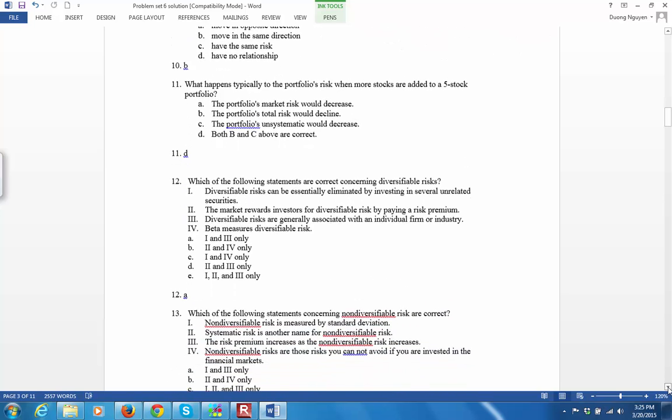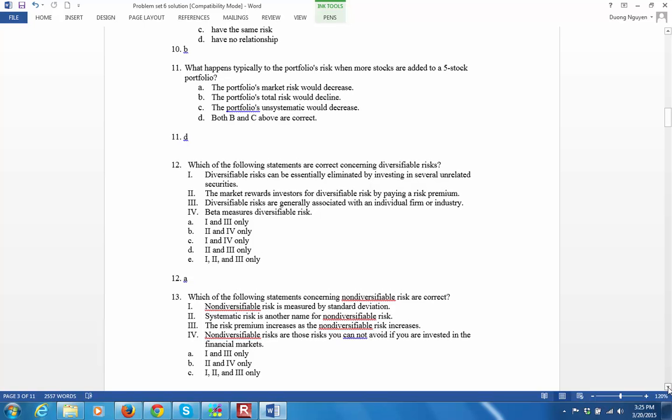Number 12, question 1, diversifiable risk can be eliminated by investing in several unrelated securities, which is correct. You can diversify it away. The market rewards investors for diversifiable risk. No, the market doesn't reward investors for diversifiable risk, because investors can diversify it away.